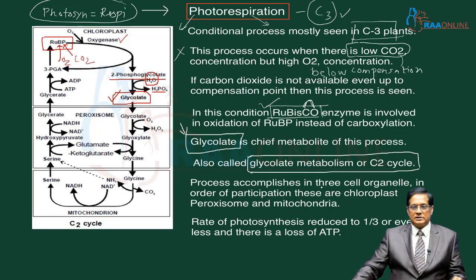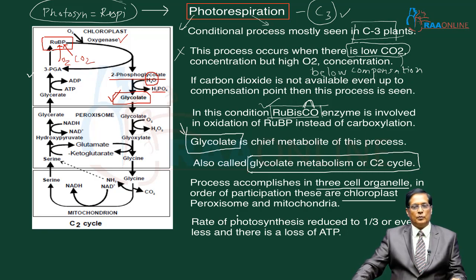In this process, there is a role of 3 cell organelles. According to their order of participation, number 1 chloroplast, where the formation of glycolic acid takes place.